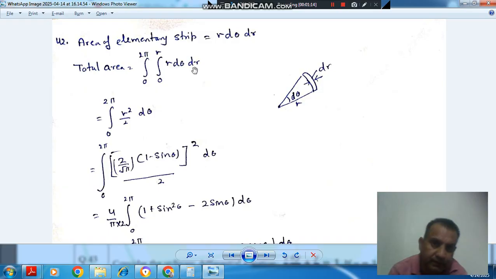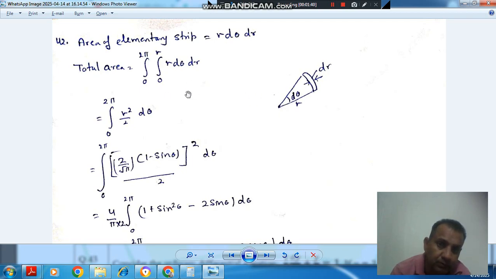This is the elementary strip at a radius r of thickness dr subtending an angle dθ at the center. So we have to take the variation of r and also the variation of θ. So we have to double integrate it, and the limits of θ will be 0 to 2π and the limits of r are from 0 to r.